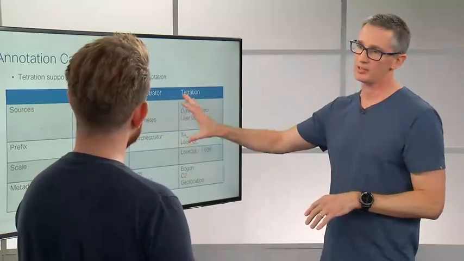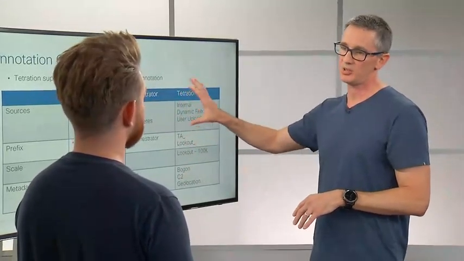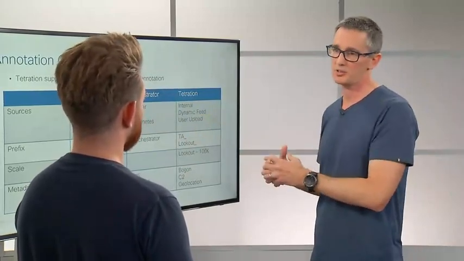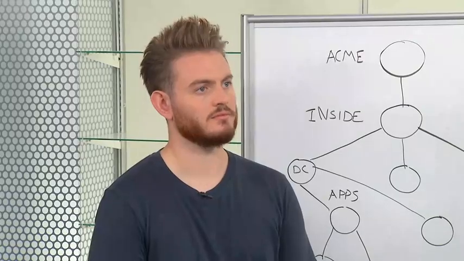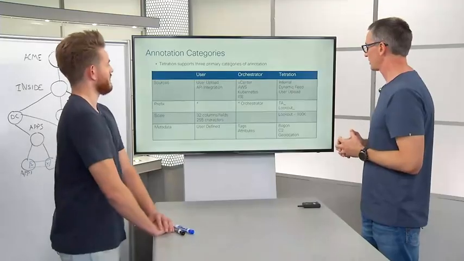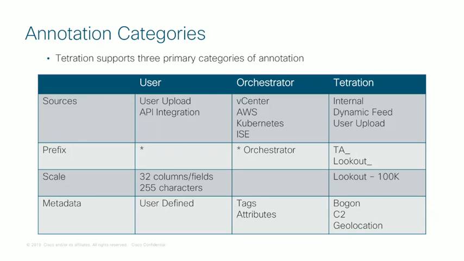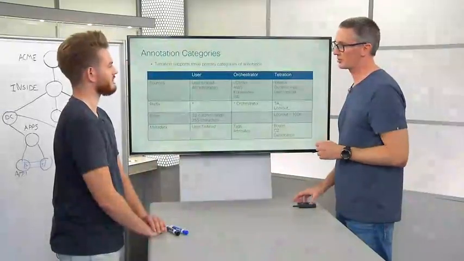That's really to do with the much more dynamic environment we have with the newer applications, which change much more frequently than ever before. We also have some additional annotations that we bring in. That's part of the internal feeds from Tetration that give us additional understanding of those flows, particularly around security compliance and so on.